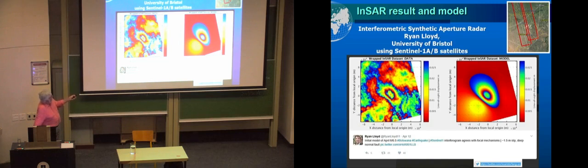So you can see around the epicenter over here, there's that kind of pattern. That's what is observed. This is the model of something like 20 millimeters of deformation from an event of about 1.5 meters slip at a depth of about 25 kilometers in the crust. Very deep event.